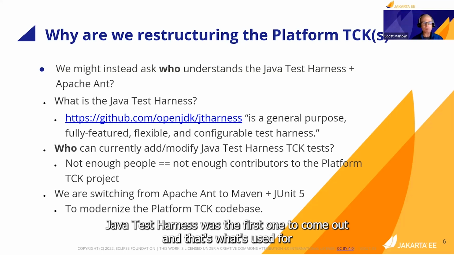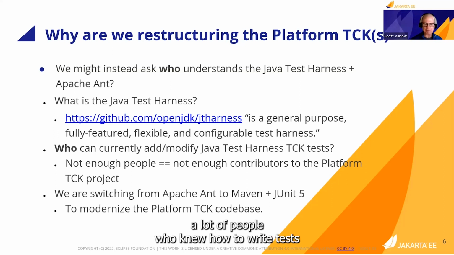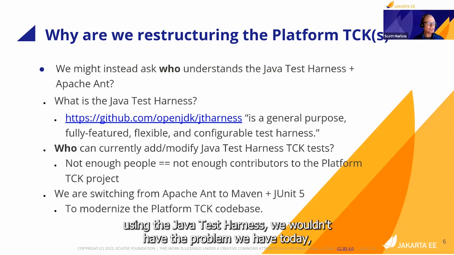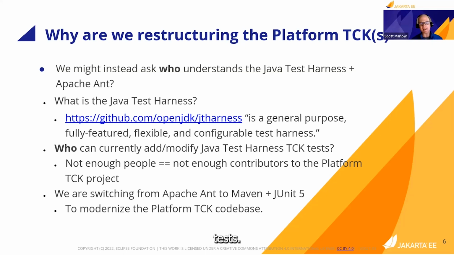Java Test Harness was the first one to come out, and that's what's used for the OpenJDK team as well, by the way. If there were a lot of people who knew how to write tests using the Java Test Harness, we wouldn't have the problem we have today, which is there's very few contributors who can help maintain the TCK tests.